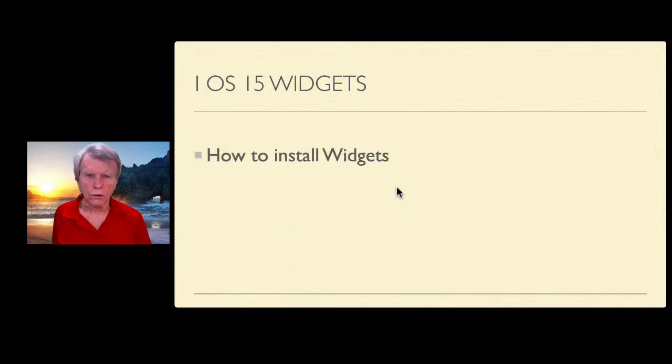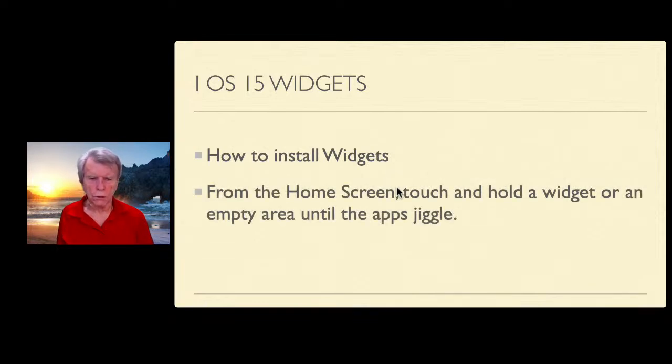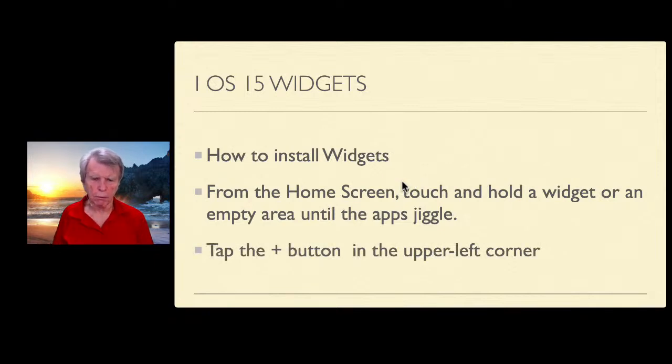So how do you install these widgets? Well, on the home screen, you touch and hold a widget or just an empty area in the screen until the apps jiggle, and then you touch the plus button in the upper left-hand corner and you get the choice of widgets that you can add.